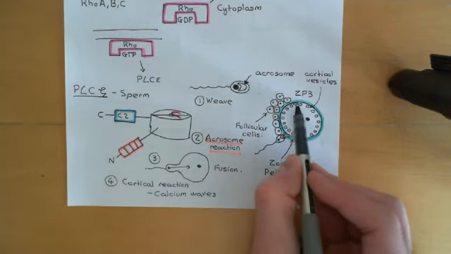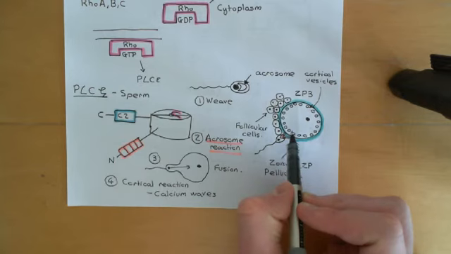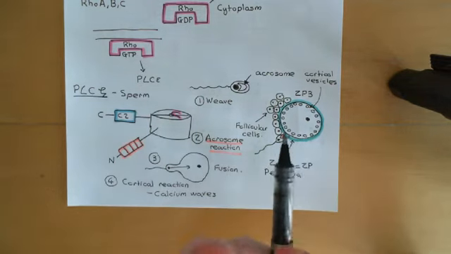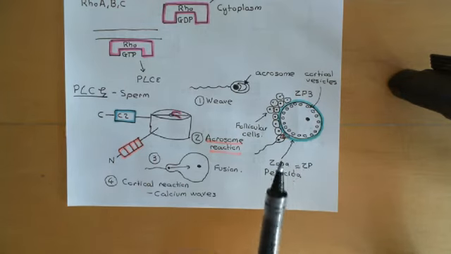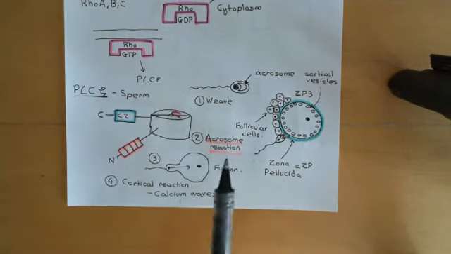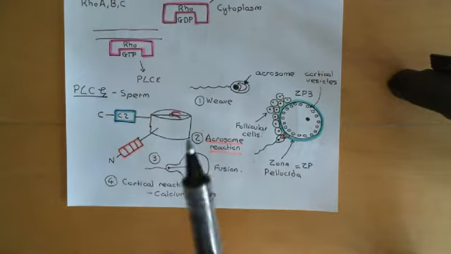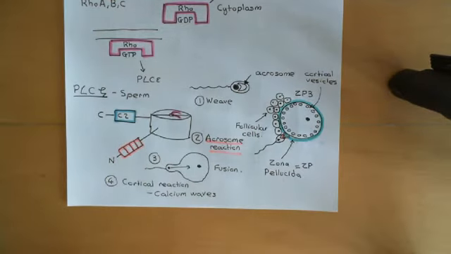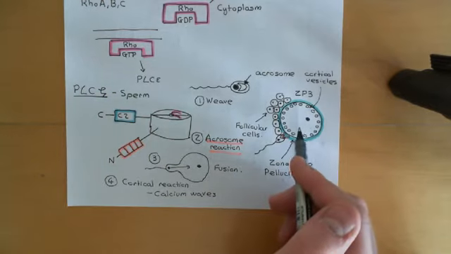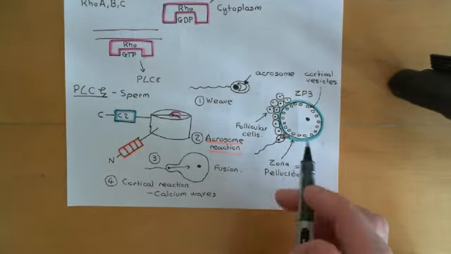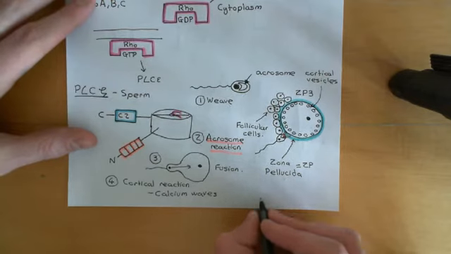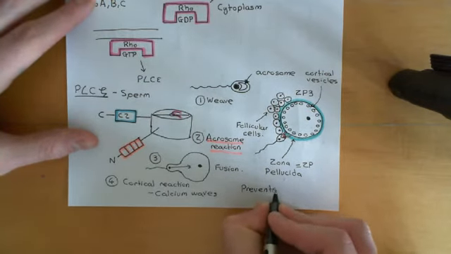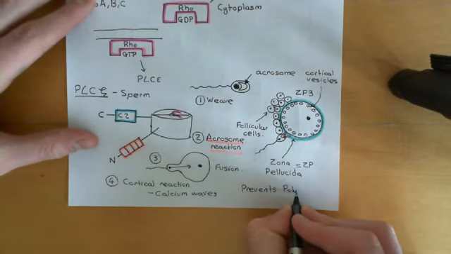The cortical vesicles will release enzymes into the zona pellucida, and these enzymes modify the zona pellucida, and they turn it from a sort of snotty gloop into something that's very solid. So it goes from being mucousy to being solid, and forms a solid crust around the oocyte, and this prevents any more sperm fertilizing the egg cell, any more sperm getting through, and therefore it prevents polyspermy. Okay, right, so this cortical reaction is extremely important for preventing polyspermy.